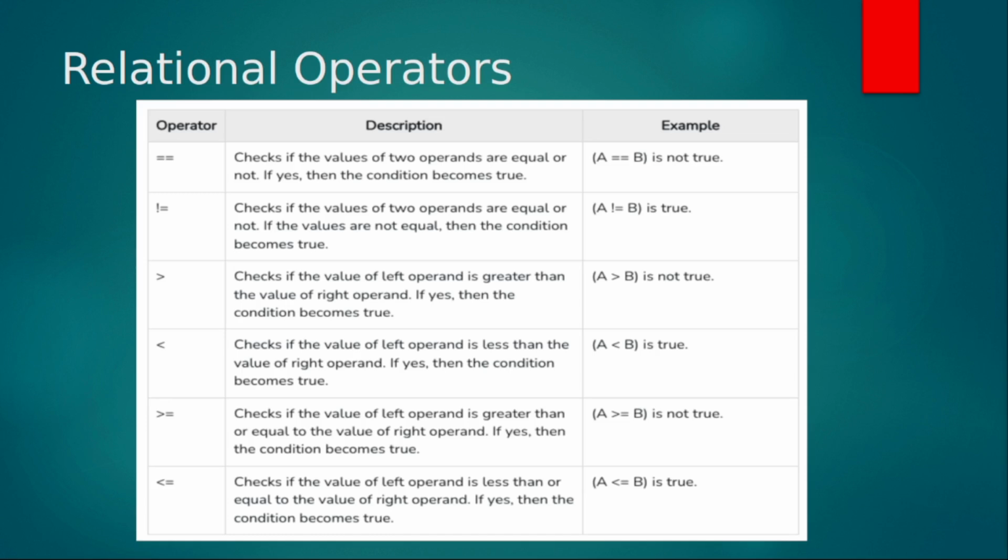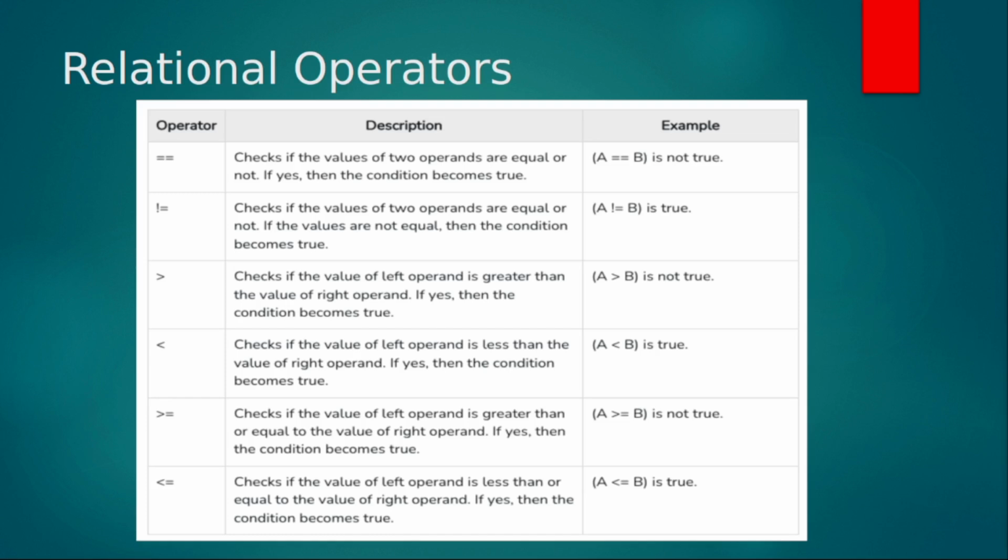Relational operators are binary operators. They require two operands and they compare the value of both operands and give a Boolean result. A Boolean result evaluates to true or false, which will evaluate to 0 or 1, 0 being false, 1 being true.